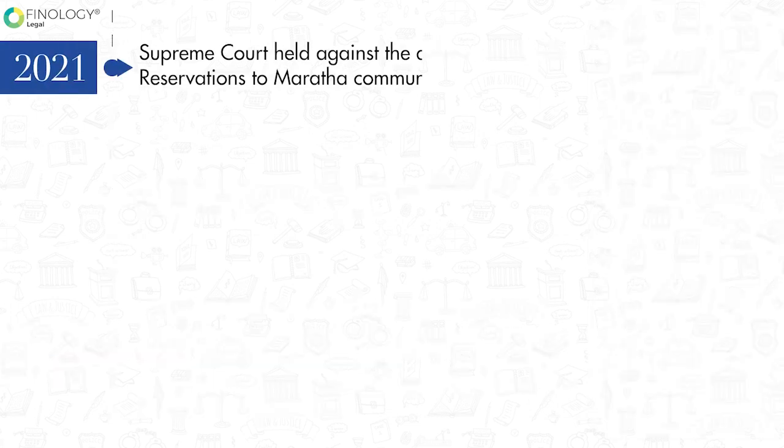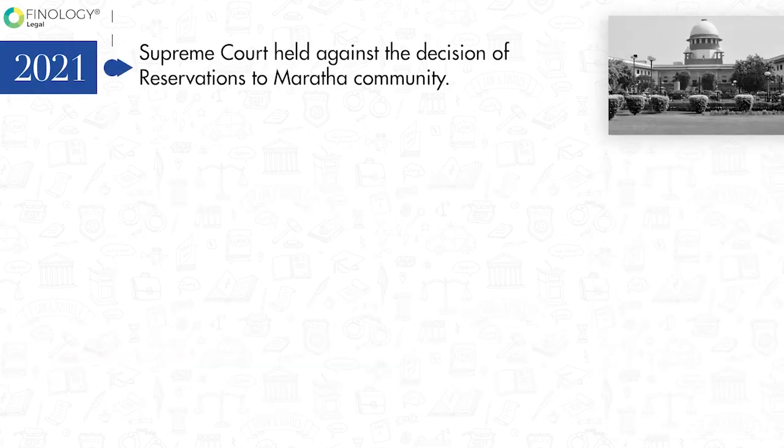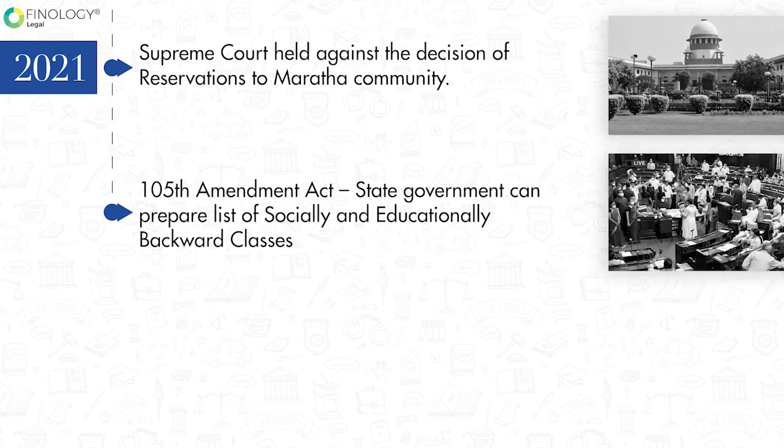Now, in the year 2021, the Supreme Court held against the Maratha reservation and scrapped the 16% reservation quota granted to the Maratha community. In the same year, during the monsoon session in 2021, the 127th Amendment Bill was introduced in the Parliament and has now become an official act, which will be called the 105th Amendment Act of the Constitution, which will reinstate the power of the states to prepare the list of socially and educationally backward classes.